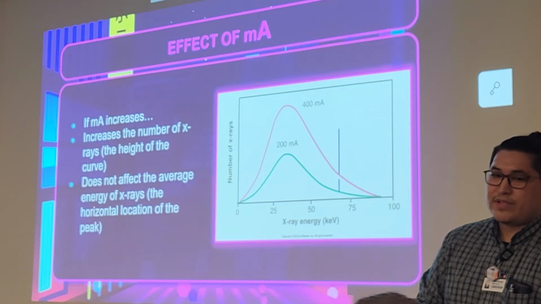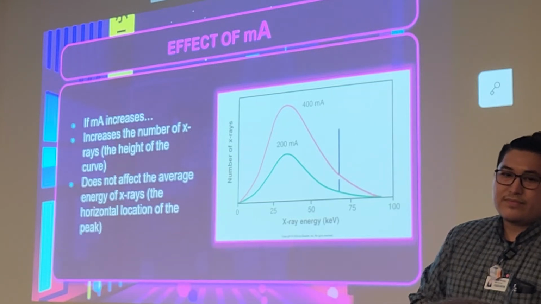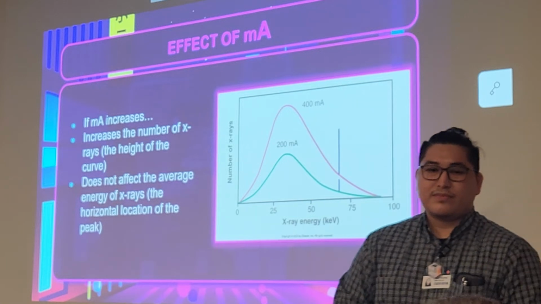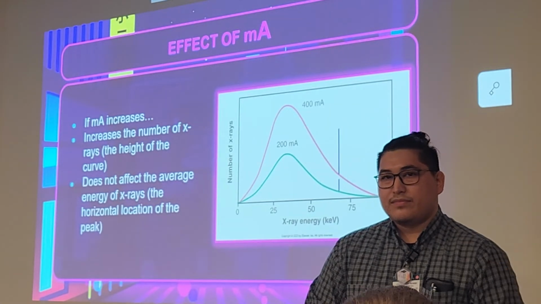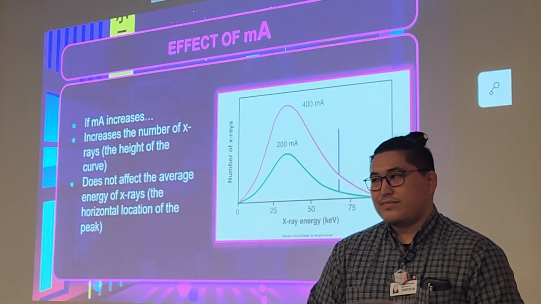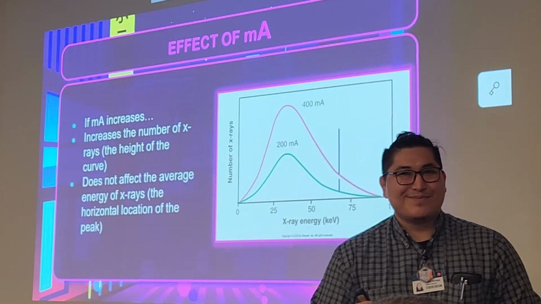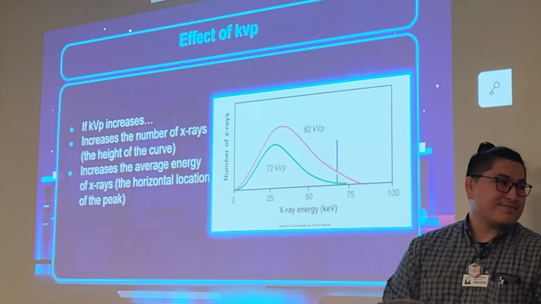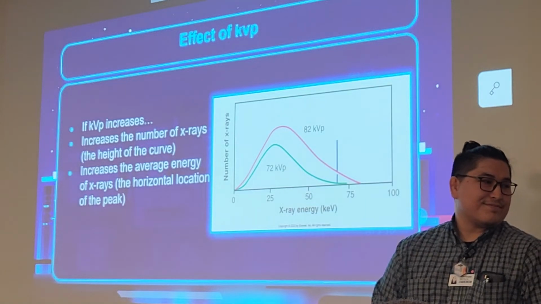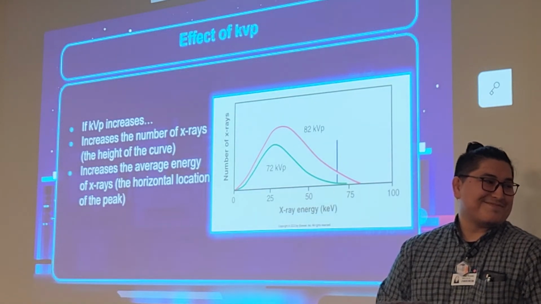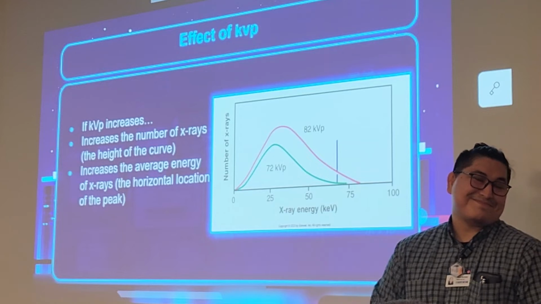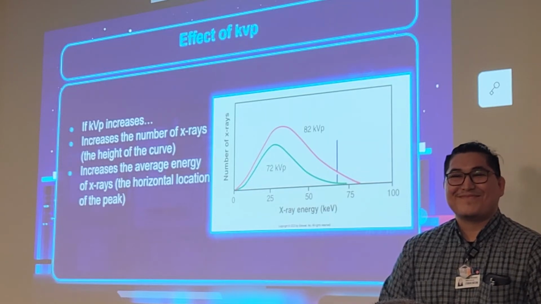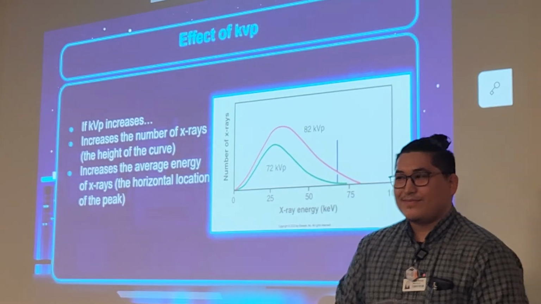I think the energy is just going to shift to the right, but the actual height won't change. So both of you think the same thing? All right, does anyone else have a different prediction? Well, we already changed it. So how do our predictions match up?